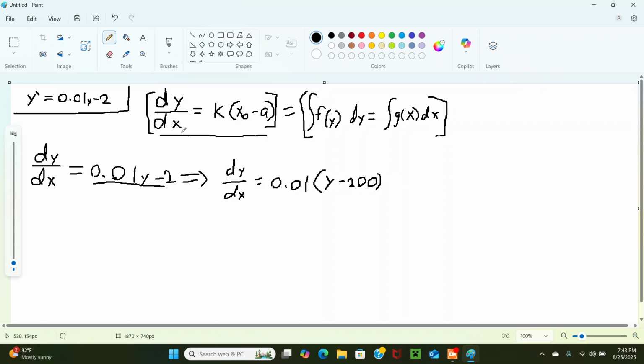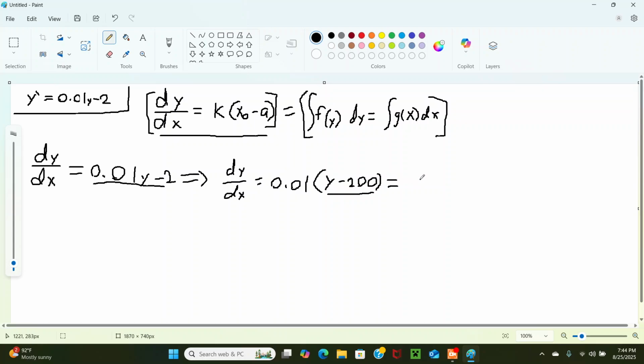Now that we have it in this form, we can separate our variables and get it into this form. So we're going to multiply both sides of our equation by dx, and then divide both sides of our equation by the x naught minus a term, which is this right here, y minus 200.